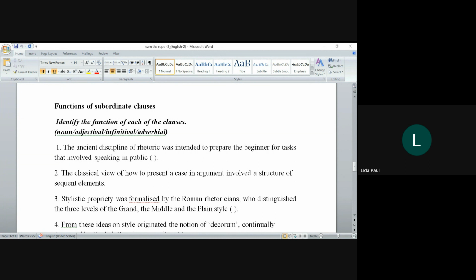To identify, what you should also know is what this noun and adjective and adverb do in a sentence, right? So let's revise by talking about that so that it becomes easy for us to understand these questions. Noun, you should understand that when you pick out a particular subordinate clause, and you're analyzing it for whether it is a noun clause or not, you'll have to see if it can be replaced.